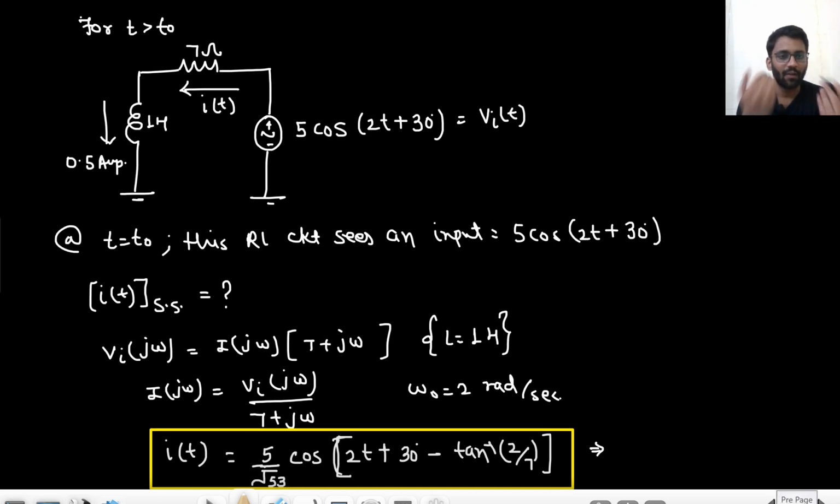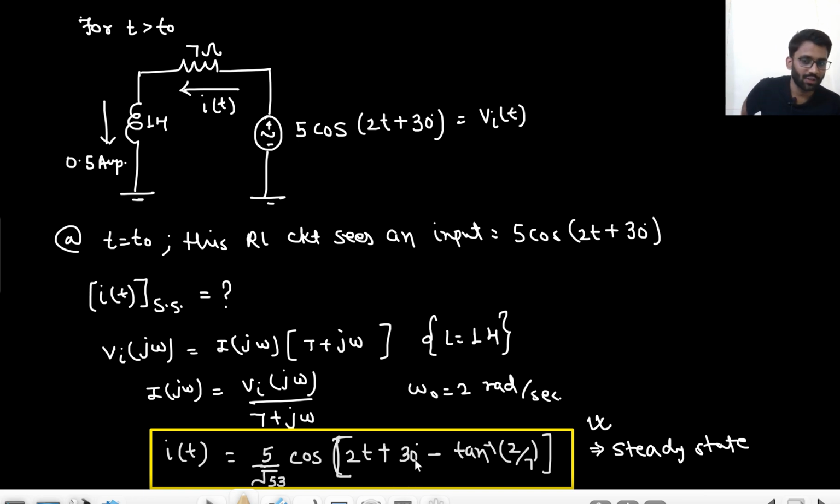Now when will it be transient free? It will be transient free if this is sufficient for me. This is my steady state. My steady state is sufficient for me. And when will my steady state be sufficient? If it provides me 0.5 ampere current at t equals to t naught, because at that time I need my current to be 0.5 ampere.